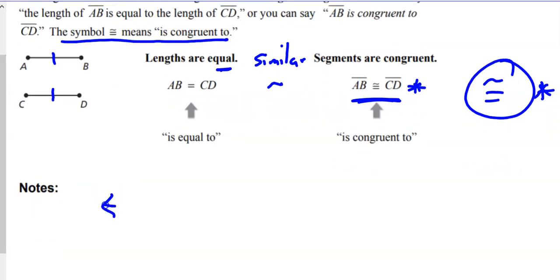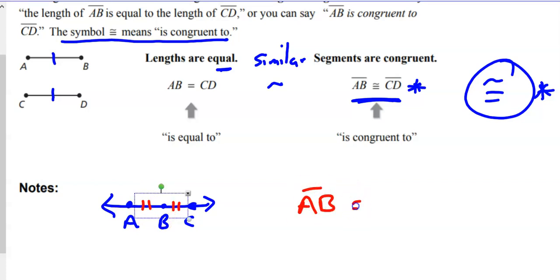All right, and again, there's a bunch of different types of congruencies. Let me show you something. I'm going to put a few points here on it. If you see 2 tick marks, this means segment AB is congruent to segment BC. So again, they have the same length.